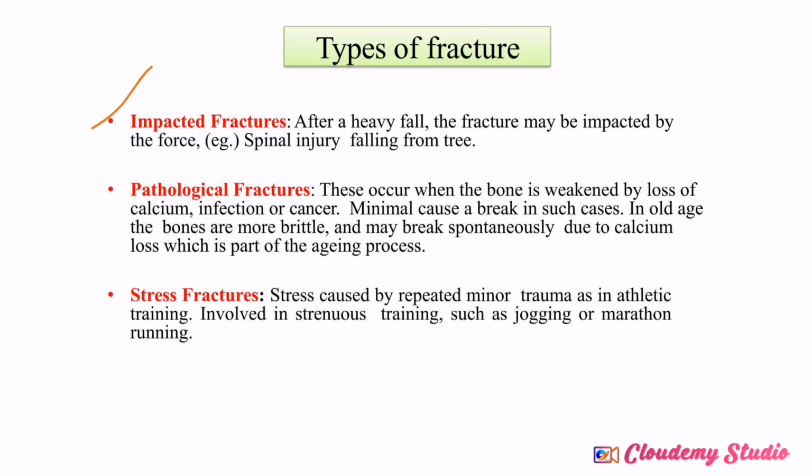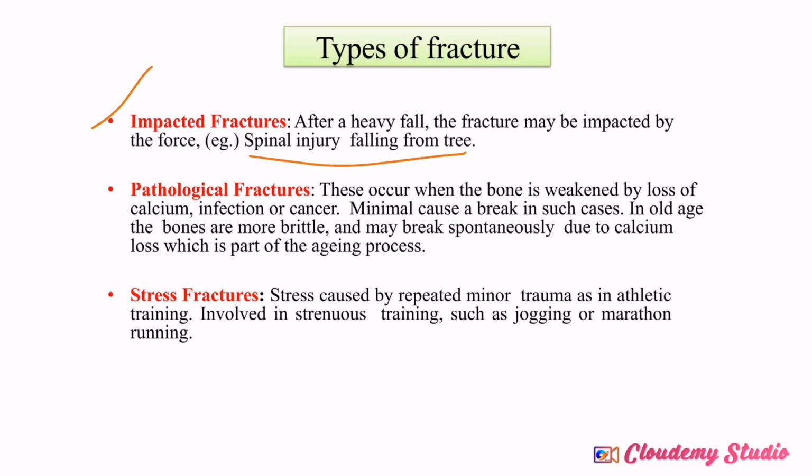This one is caused by a heavy fall. It can be a tree, a wall fence, or anything. The fracture may be impacted by the force. It can be a spinal injury or falling from a tree. That's what they're trying to explain.